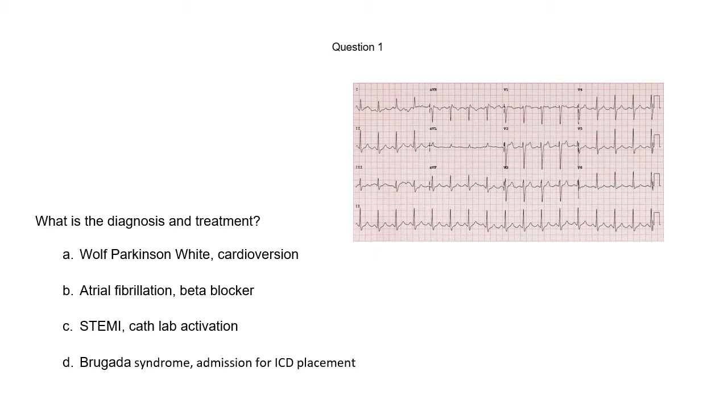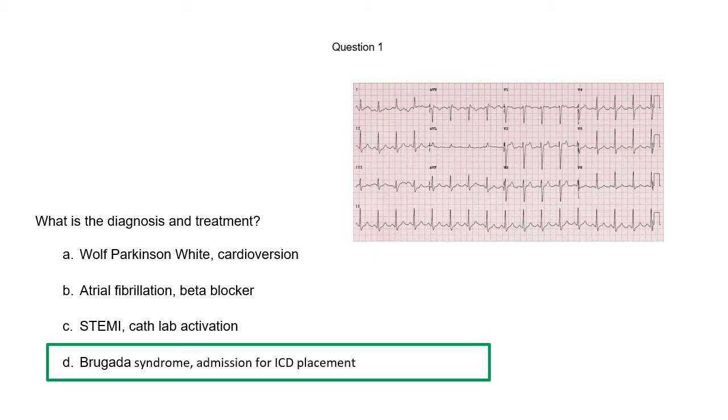No, we see a sinus rhythm, right? There's P waves. Is it a STEMI, and we need cath lab activation in a young patient and no real ST segment elevations? No, this is not going to be a STEMI. So that kind of leaves us with the Brugada Syndrome. And so the correct answer is going to be Brugada Syndrome and admission for an ICD placement.